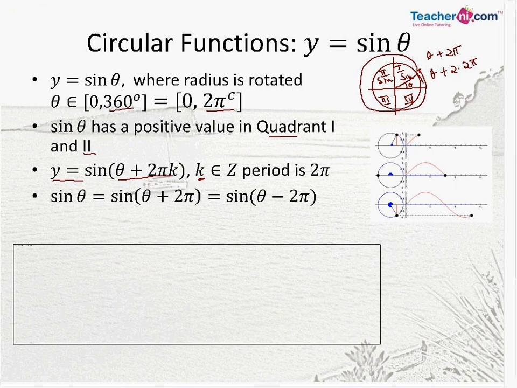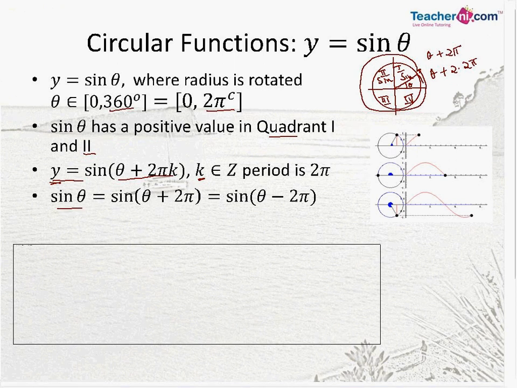So multiples of 2 pi plus theta will give you the same value y for sine theta. Next, k can also be negative, that's what you're going to see next.